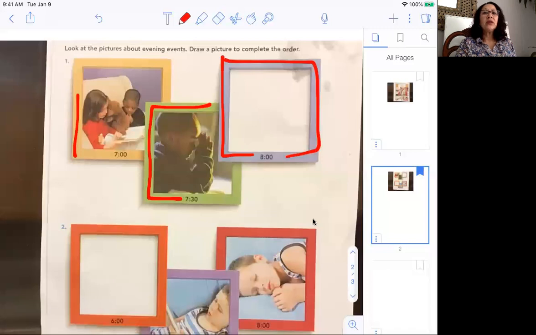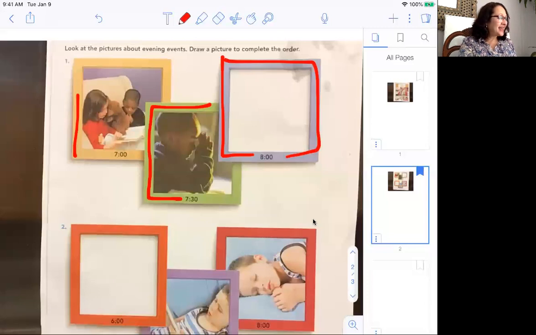So what they want you to do is draw a picture of what you would do after you finish praying. Think about that. You don't have to do that right now. Just think about it and get your crayons and your pencil later, and you can draw what you do after you pray at night.